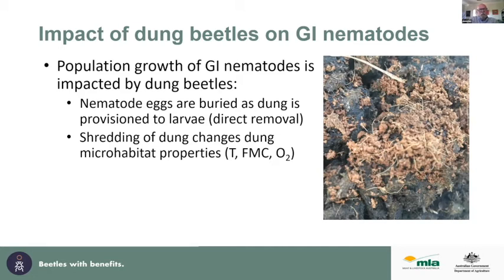However, there are some other things that dung beetles do to dung that impact the life history of nematodes. The shredding of dung by dwelling and burying dung beetles will change the temperature of the dung, as well as the fecal moisture content very heavily, and oxygen levels within the dung.